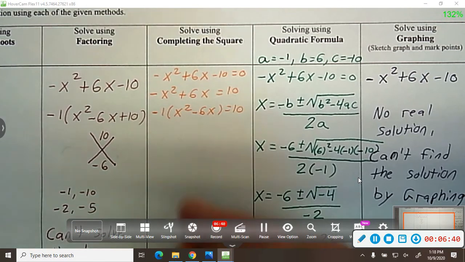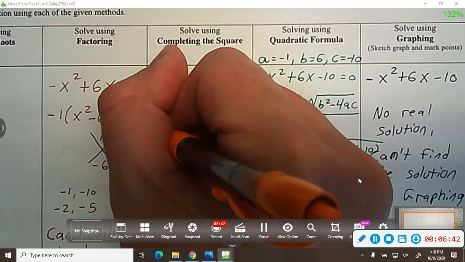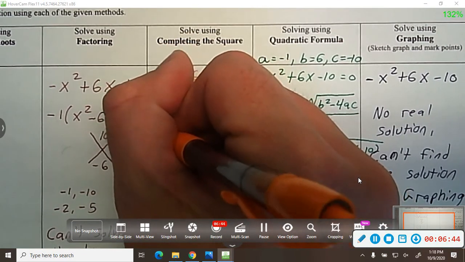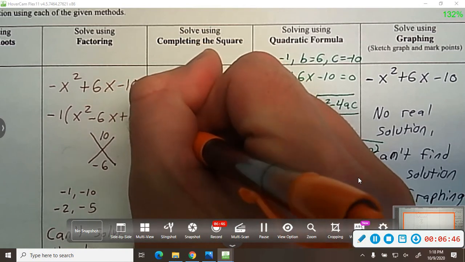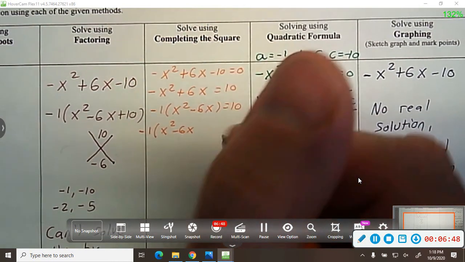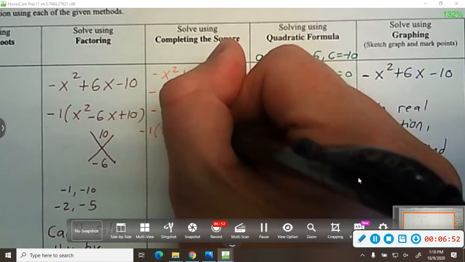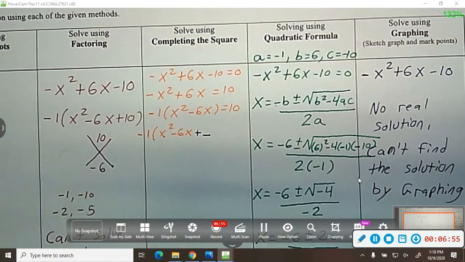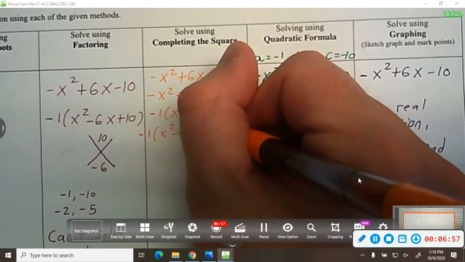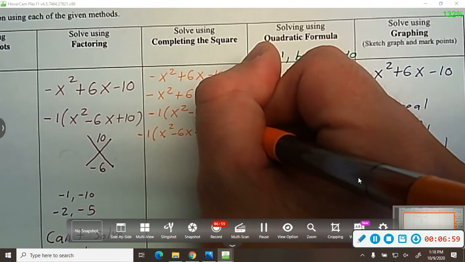And then I ask myself, how can I complete the square? So what can I put here? And also, whatever you do to one side, you do to the other.